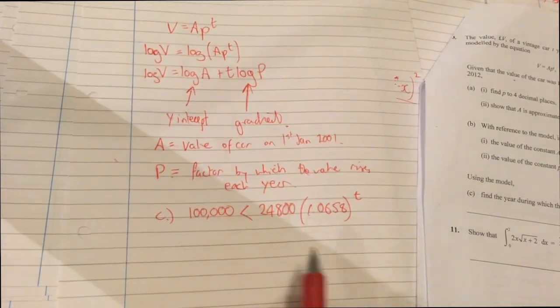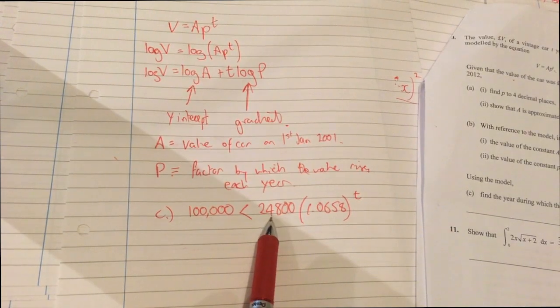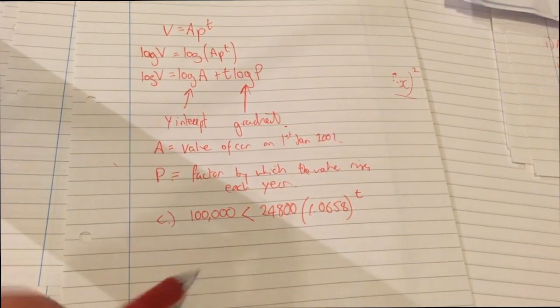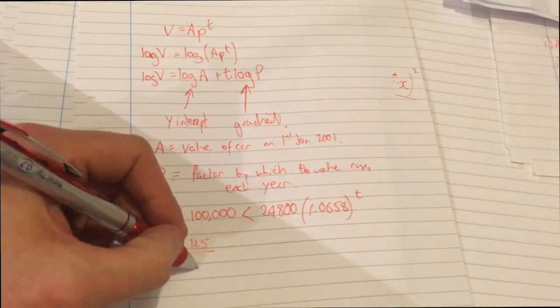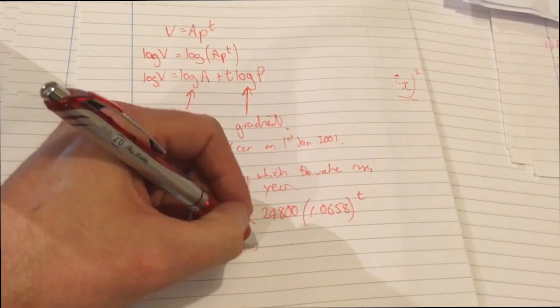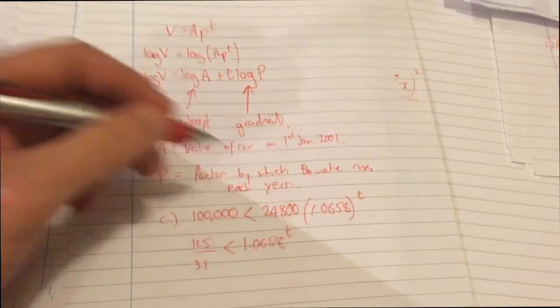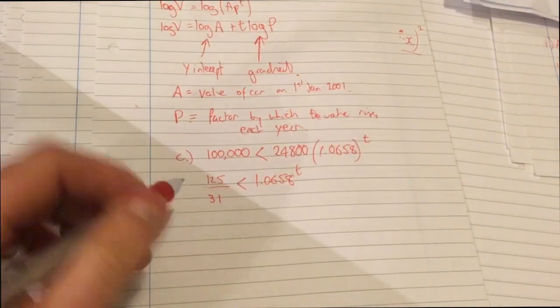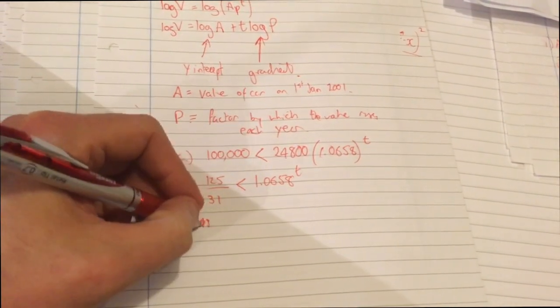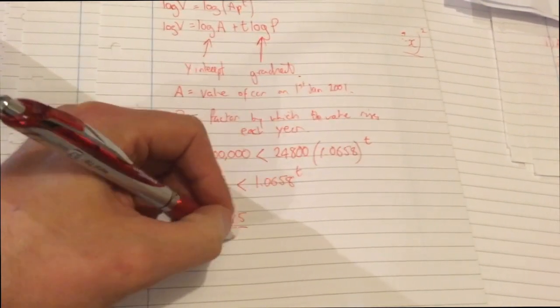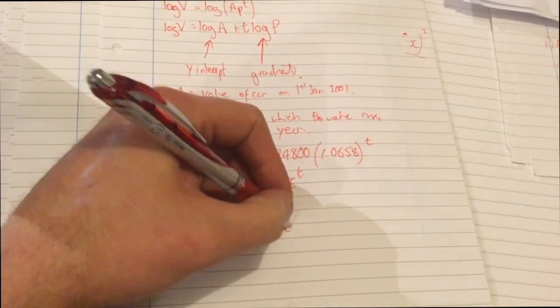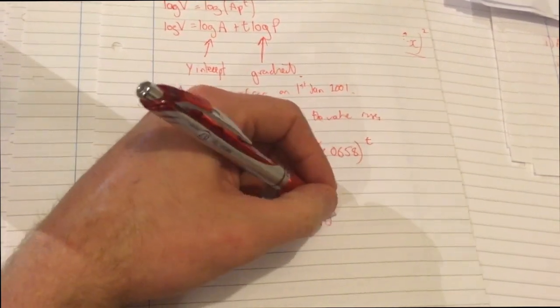So we can use some logs to solve this. If we divide by 24800, we're going to get 125 over 31 is less than 1.0658 to the power t. Log both sides, or ln is a bit quicker to write. 125 over 31 less than t ln 1.0658.